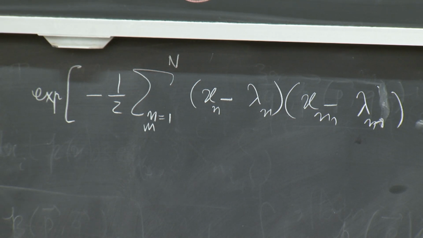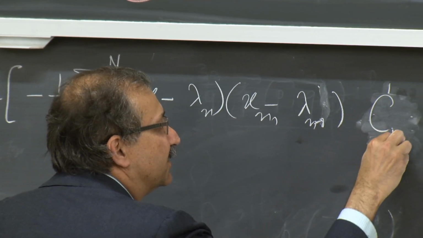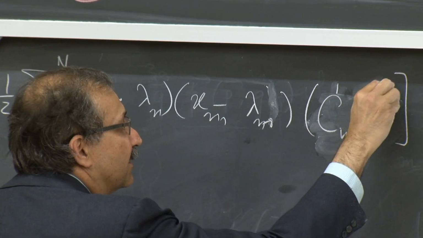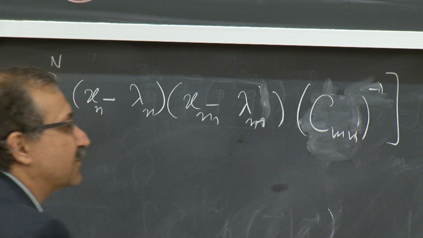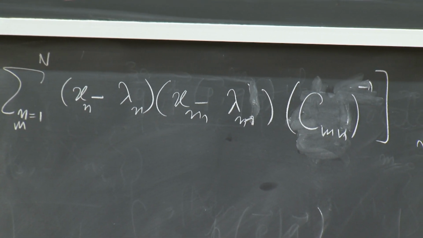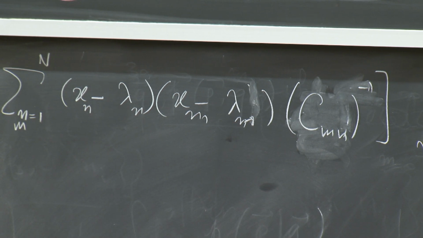And then the coefficient here, rather than just being a number, would be like a matrix, because for each pair m and n, I would have some number, and I will call them the inverse of some matrix C.